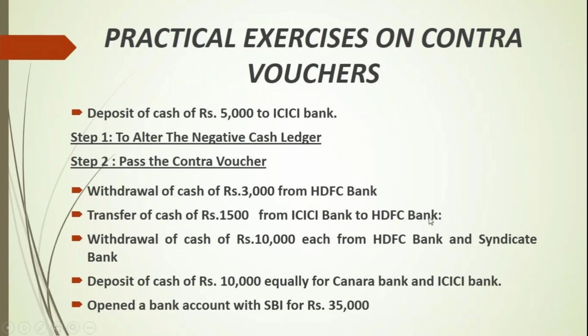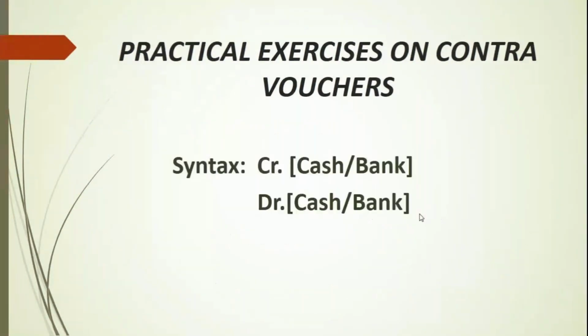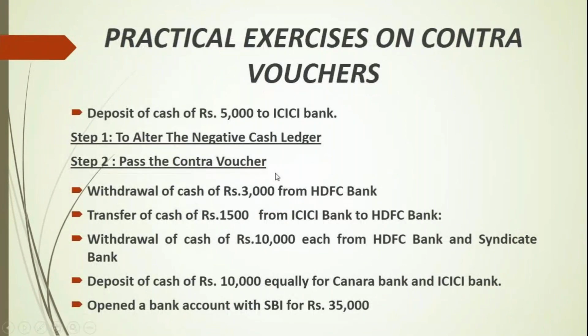So far we have seen deposits, withdrawal entries, deposits to one bank, more than one bank, again withdrawal from one bank, more than one bank. Now we are seeing the third type of entry under contra voucher, that is transfer of cash from ICICI to HDFC. Now, assuming that the funds are being transferred by using an e-fund transfer, it can be the NEFT, National Electronic Fund Transfer.